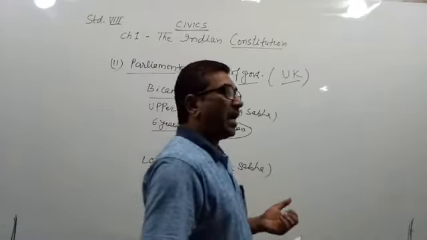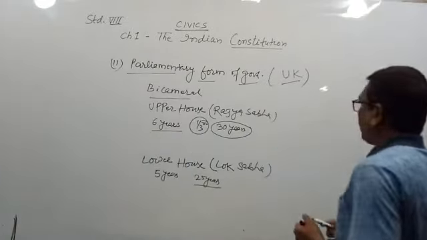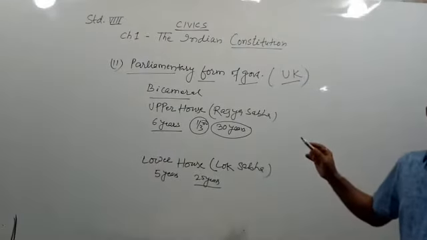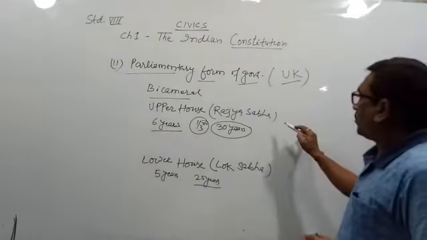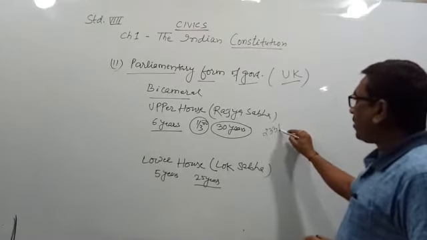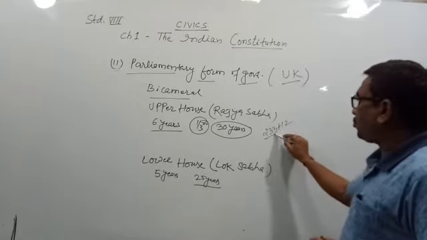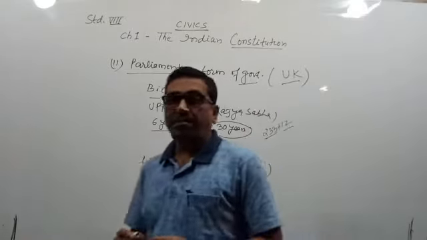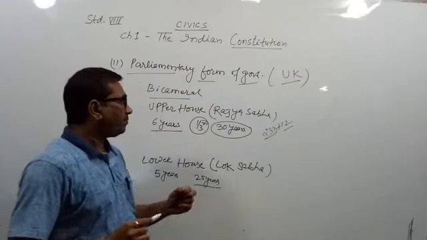How many members are elected? For the upper house or Rajya Sabha, it is 233 plus 12.